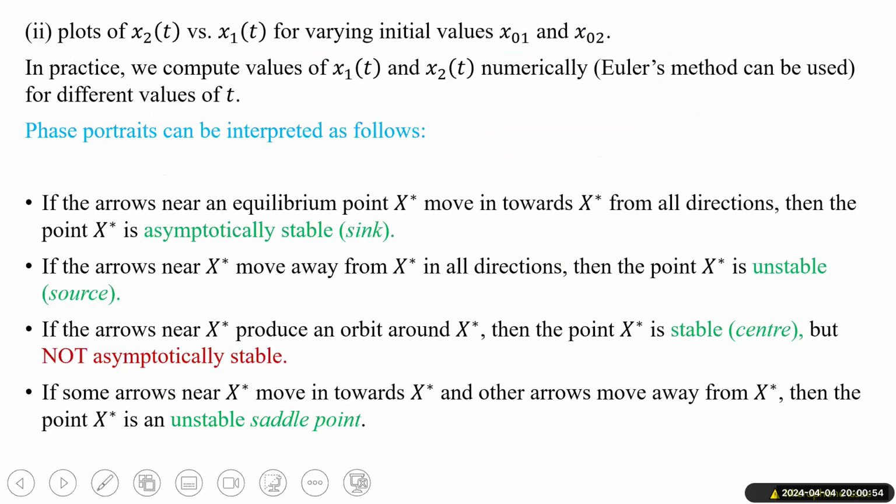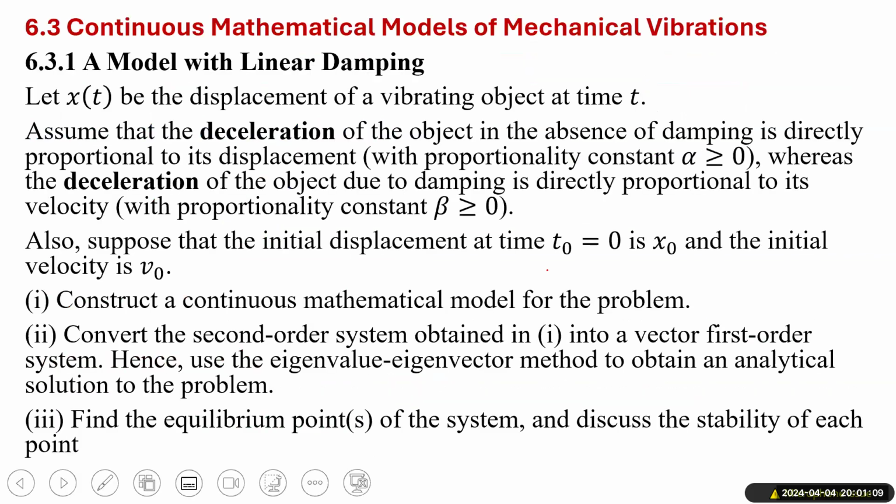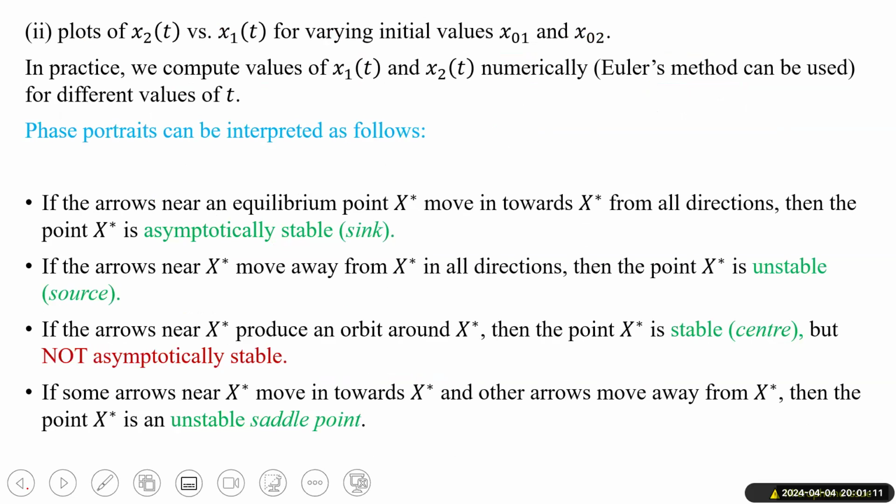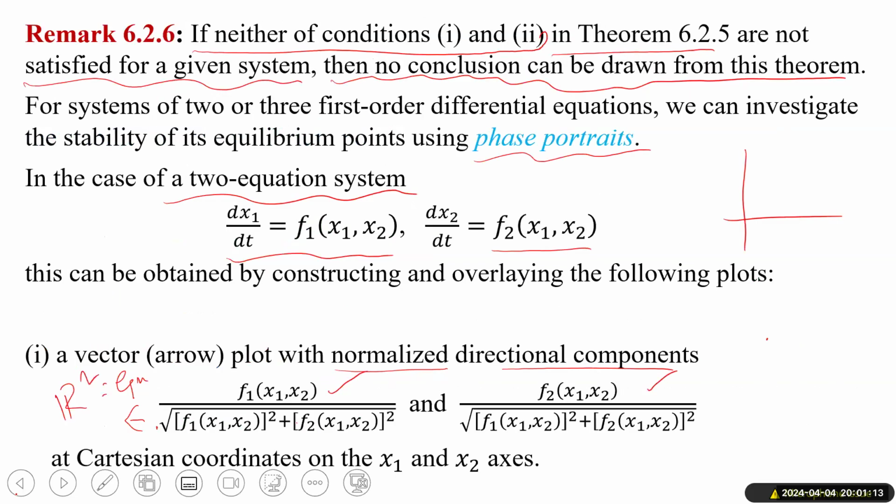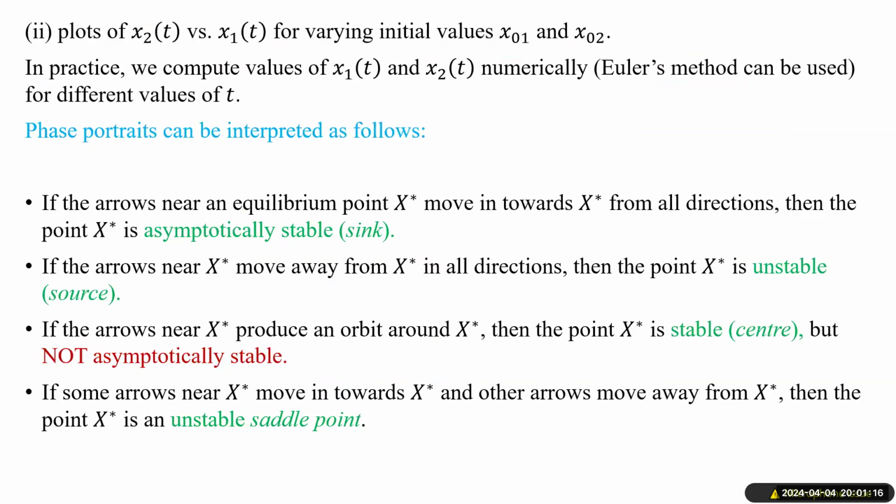Number two, after finding the arrows, we are going to construct the plots of x1 of t and x2 of t for the initial values x0.